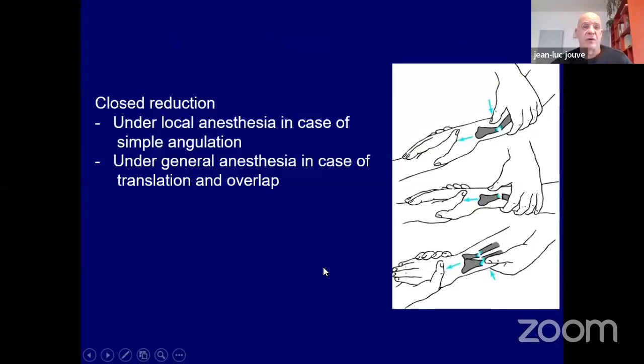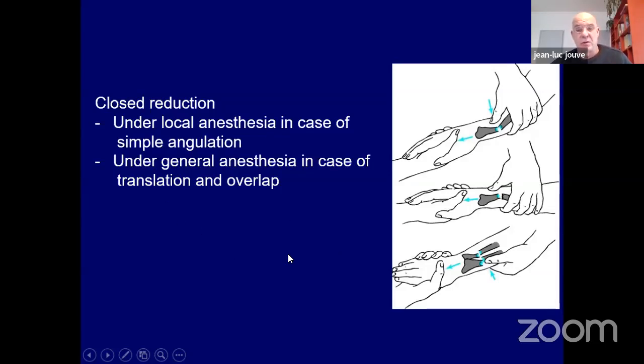Such a fracture, if there is displacement, can be reduced under local anesthesia and sedation in case of simple angulation, but under general anesthesia in case of large translation and overlap.